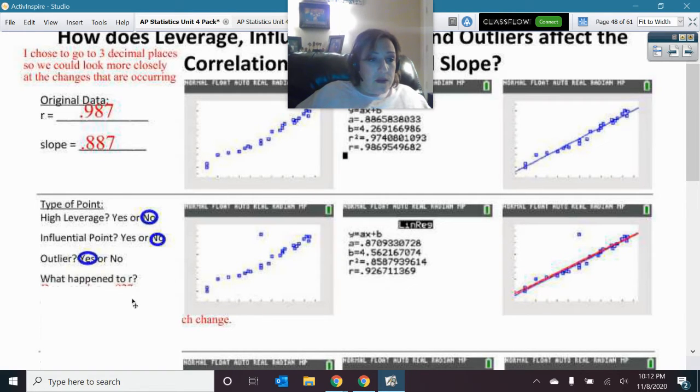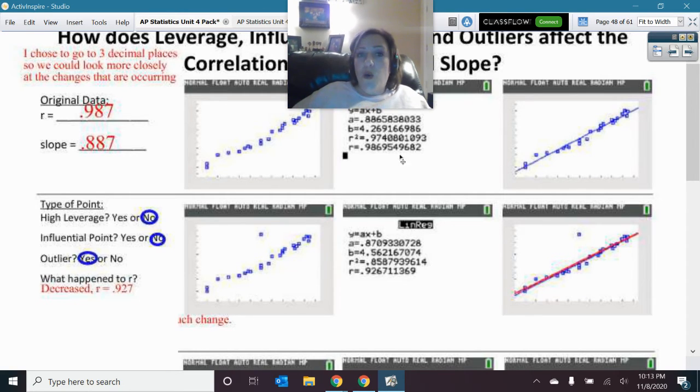Okay. Now, what happened to that correlation? Oh, so see, this outlier is reducing the correlation. Okay, so what happened to R? I guess with all of these, I'm talking about what that point is doing to the data. So if I put that point in, what is it doing? It is decreasing the correlation, okay?